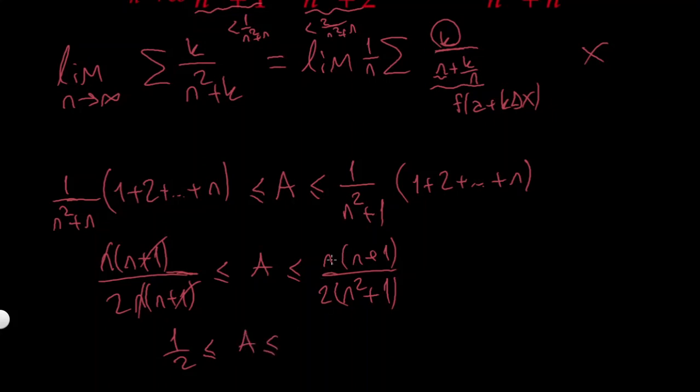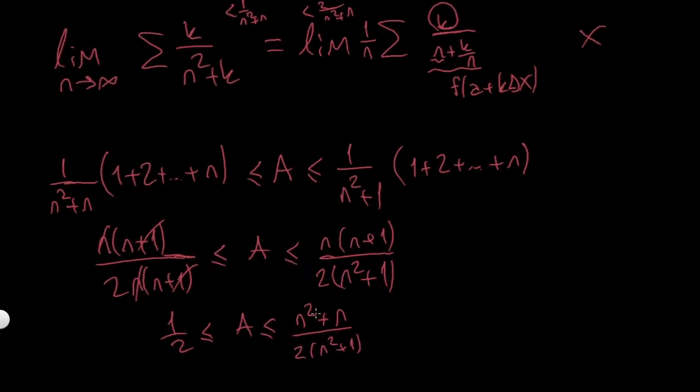And this is less than or equal to, well, I don't really need to cancel stuff here. It's just n squared plus something. Here the leading term is just n squared, or I can cancel n squares and still see this n squared plus 1. If I take limits, the leading term here is n squared, and here it's 2n squared.